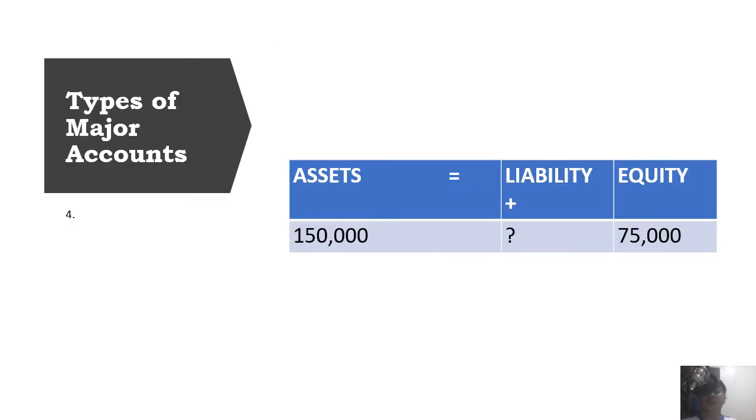Now, let's put some values in our accounting elements. Item number 4. If assets is equal to 150,000 pesos and equity is 75,000, how much is the liability?